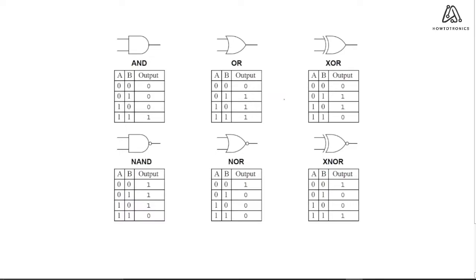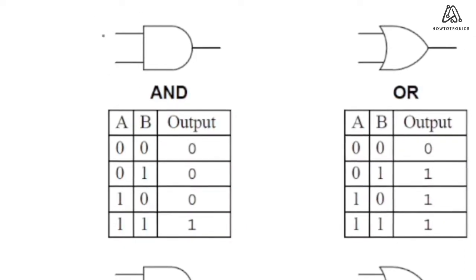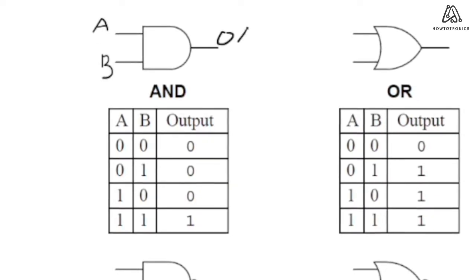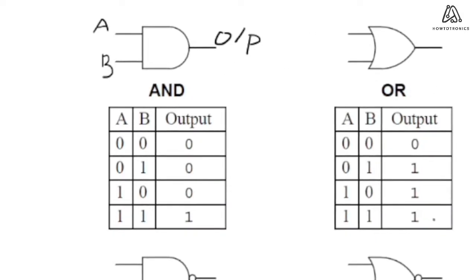In this case, we have the names of each of our gates and their truth tables. So we have AND, OR, XOR, NAND, NOR, and XNOR, or exclusive NOR, exclusive OR. For the AND gate, we have A, B, and our output. This would be the same for all these gates going forward.